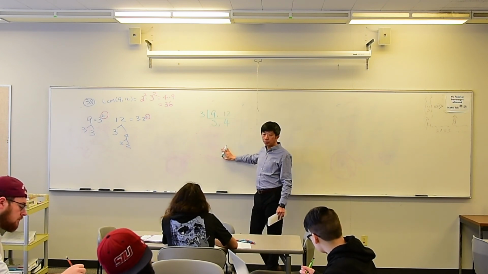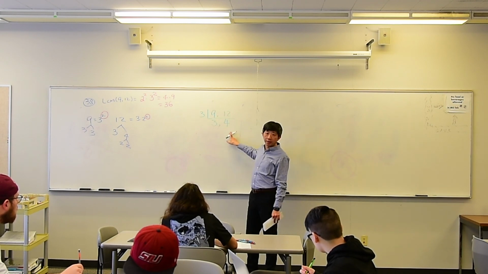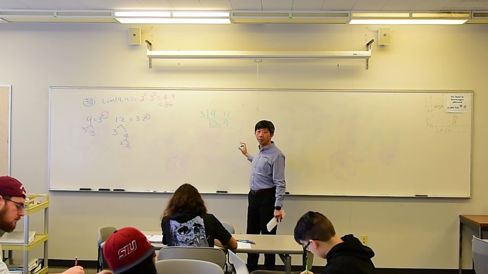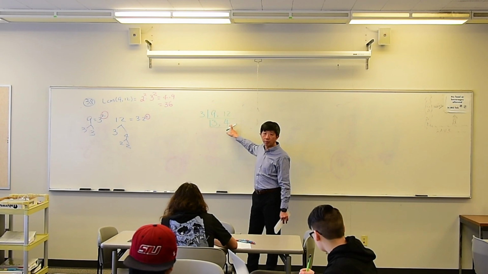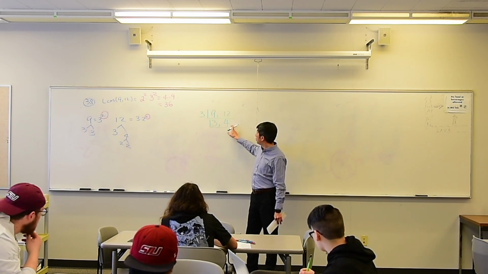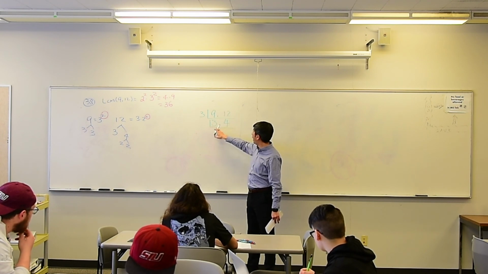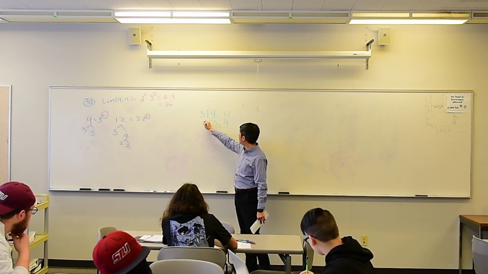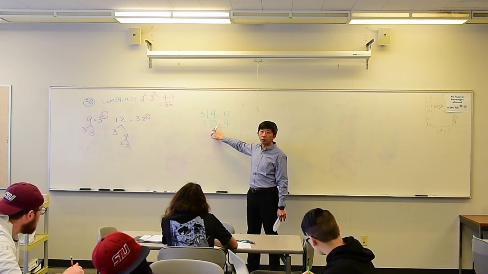Then in the German classroom, they check: prime, not prime, right? So we have to do it again. Here we have prime, and here not prime, so we do one more time. What prime number can divide 4? 2. So I put 2 there. What about 3? Don't worry about 3.